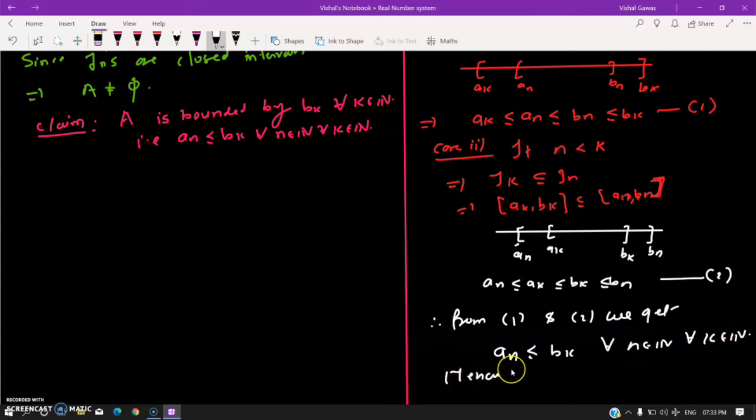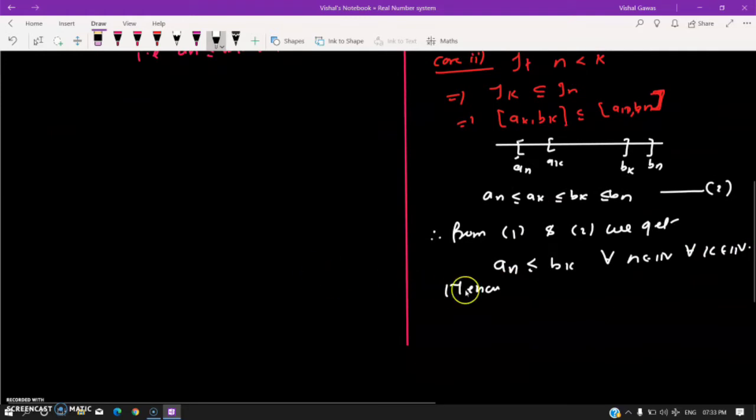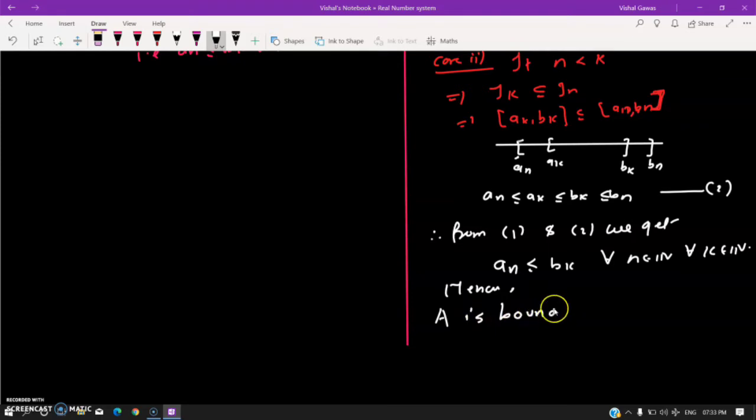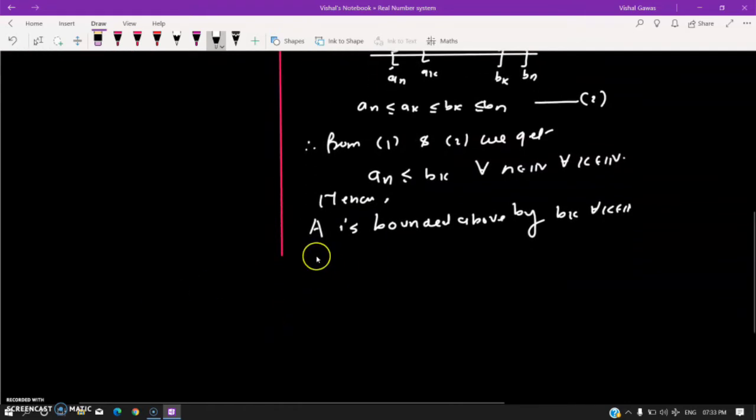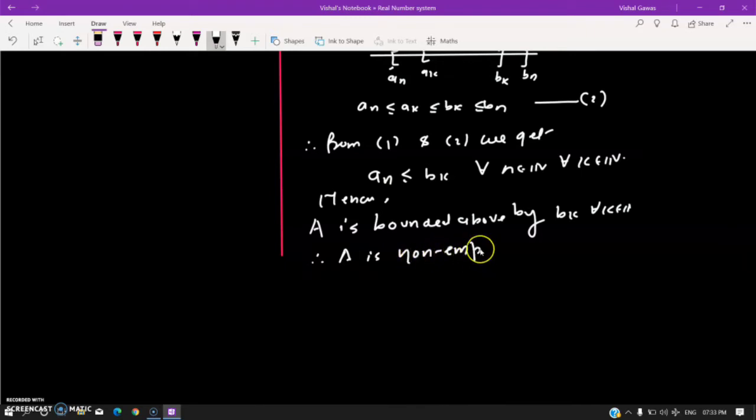Hence, what we get is A is bounded above by bk for every k in N. Therefore, A is a non-empty subset of R which is bounded above.